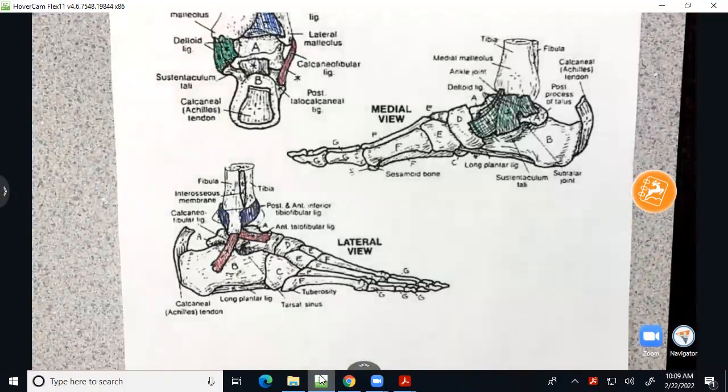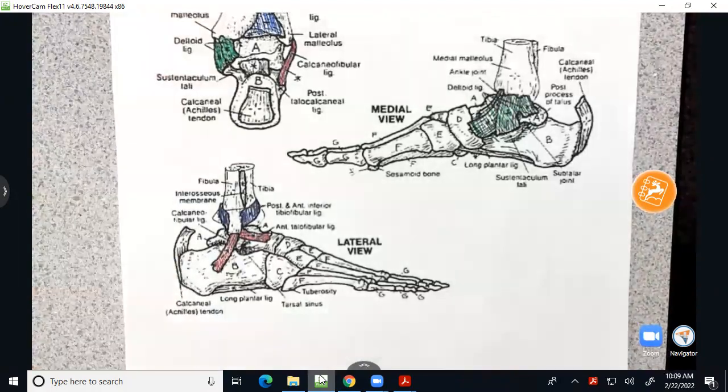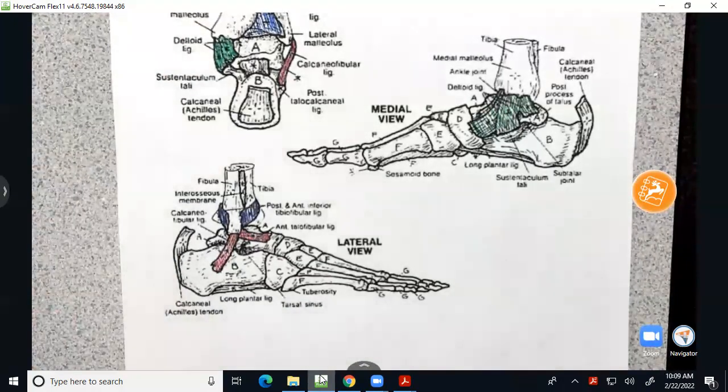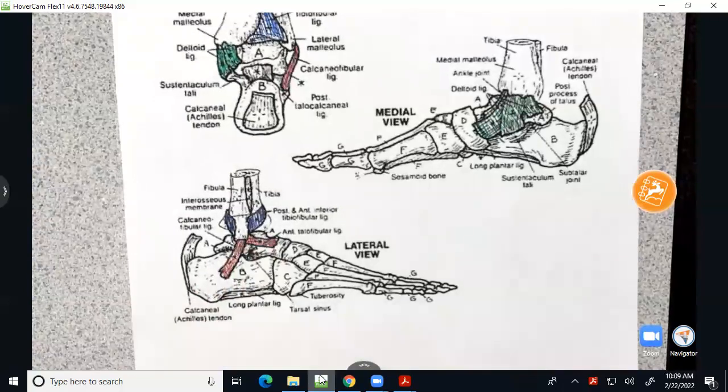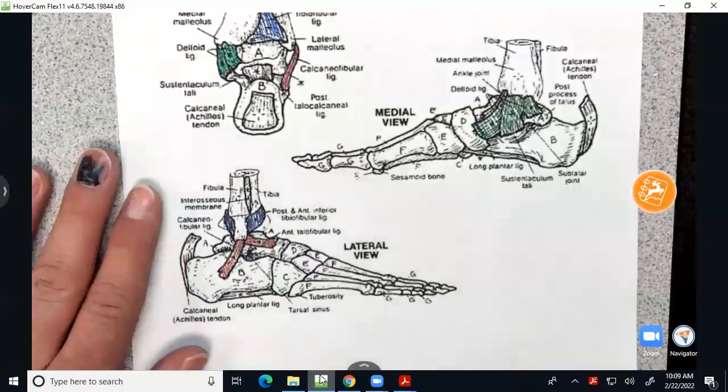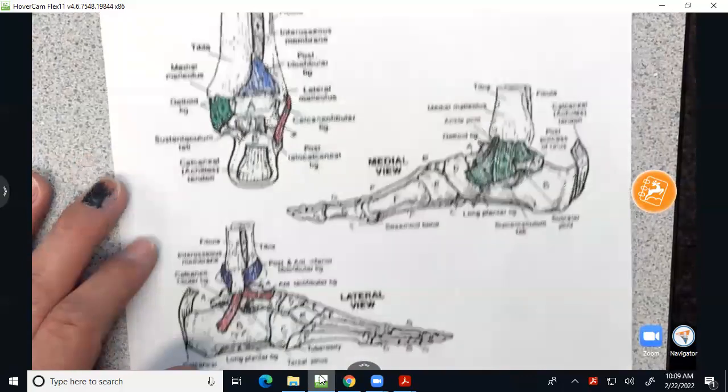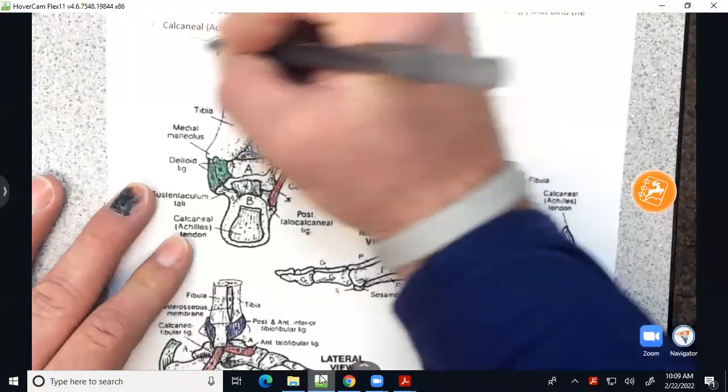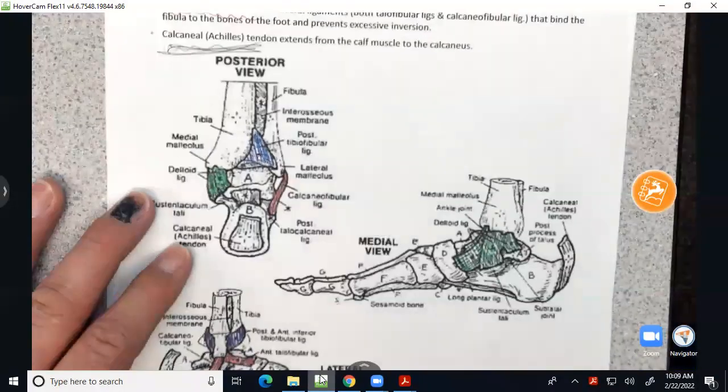The other day I mentioned that the inversion ankle sprain is the most common ankle injury. When your foot rolls and you put a lot of weight down on that rolled ankle, it puts a lot of pressure on these guys. It's fairly common to damage those pretty significantly, so much so that sometimes breaking your ankle would be better than spraining it, because you can really hurt those ligaments.